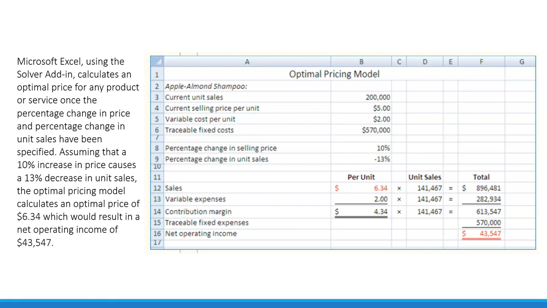So we're assuming a 10% increase in price causes a 13% decrease in unit sales. That means our optimal pricing model calculates an optimal price at $6.34. So this is a solution finder, that Solver add-in that you can use in Excel to make this prediction.